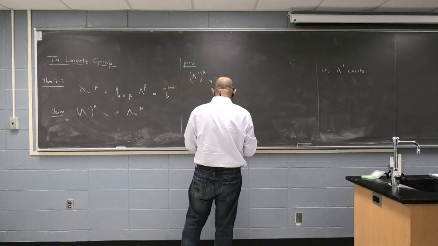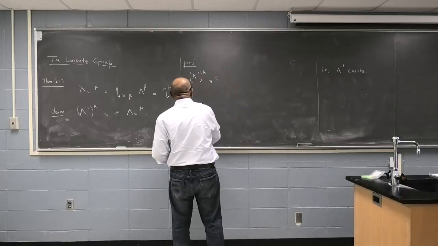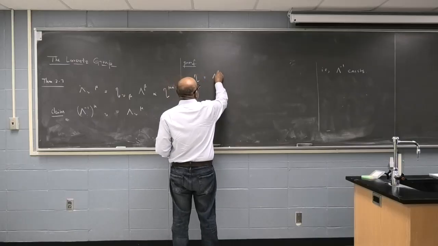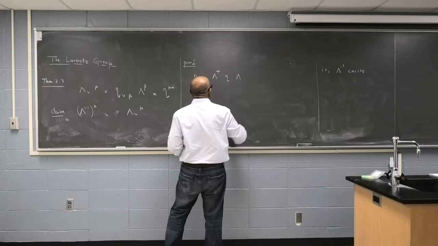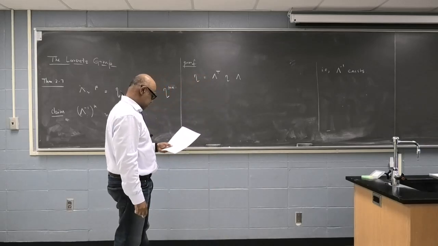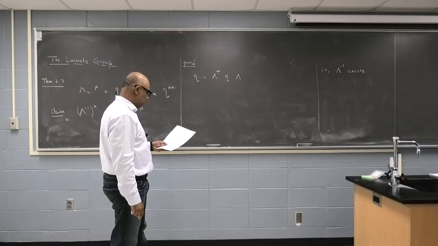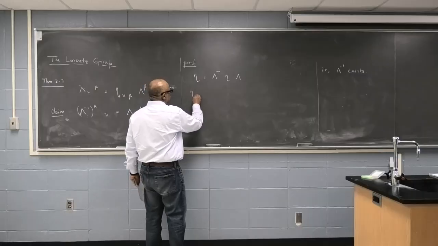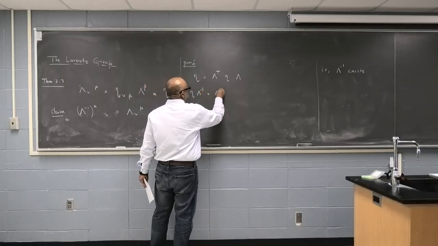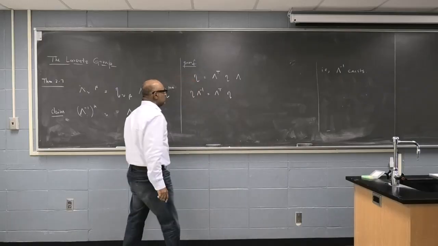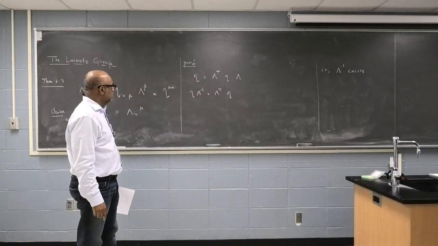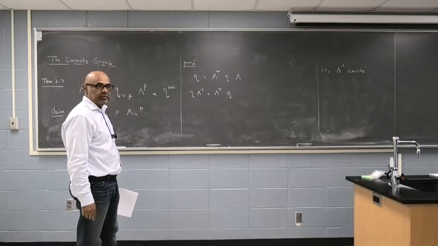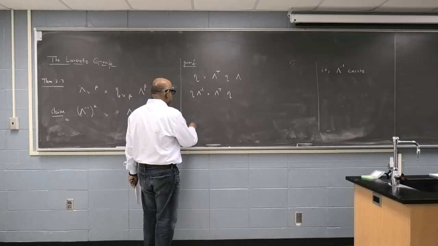So what I'm going to do is begin with what I know to be the inverse. That is equal to, oh, right. What do I know of this? So I'm going to multiply by lambda inverse on both sides. Correct? Then I'm going to multiply by eta on both sides.